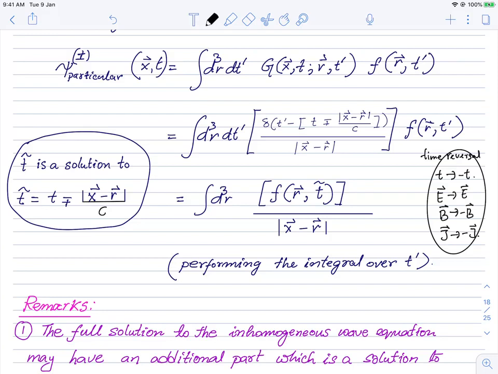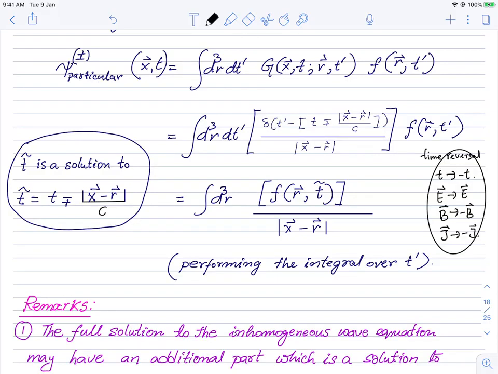But if you throw away the advanced solution, then this is not a time reversal invariant thing to do, right? So in order to maintain this symmetry in time, there were people like Feynman and Wheeler who came up with a theory called the absorber theory, where both the advanced and the retarded solutions were kept.